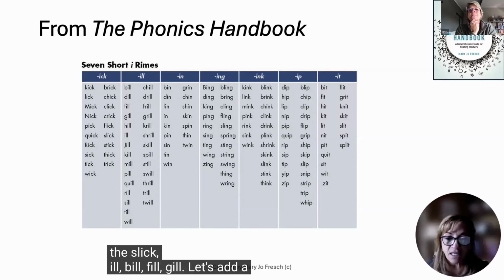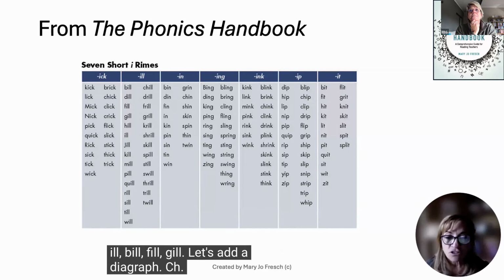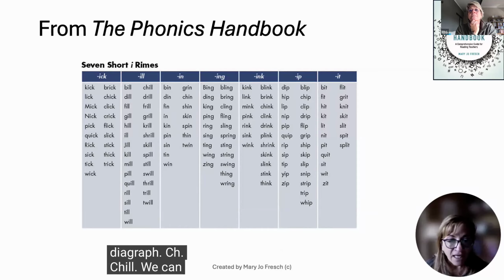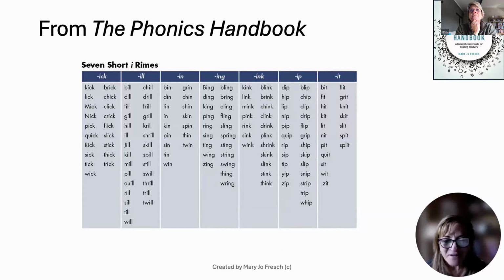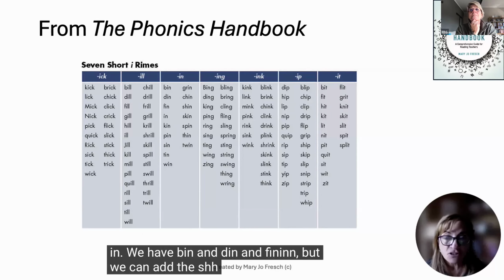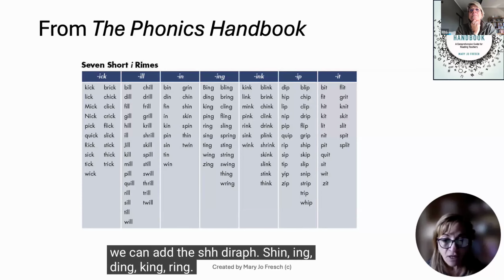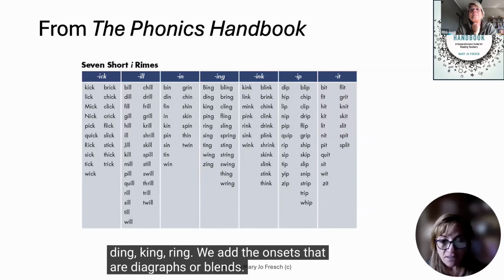Let's add a digraph, chill. We can add SP, spit, spill. In, we have bin and din and fin, but we can add the sh digraph, shin. Ing, ding, king, ring. We add the onsets that are digraphs or blends, bling, swing.